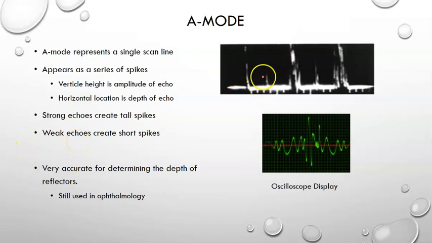So this is a short spike right here. That's a weak echo. This is a tall spike here. This is a strong echo. Here we see a strong echo in the middle of these two, and then another weak echo. So in this case, we go strong echo, weak echo, strong echo, weak echo, strong echo. All right.